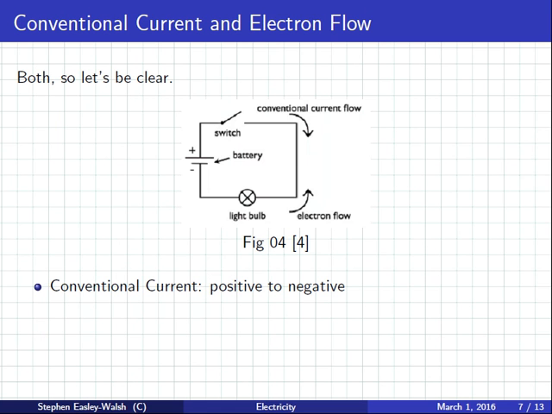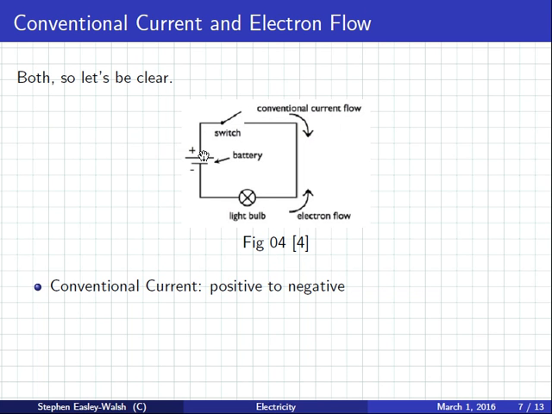We have what's called the conventional current, or the normal current, or just current. And when we talk about that, that one is always from positive to negative. But in fact, the electrons flow the other way. The actual electrons move from negative to positive. So be very careful.